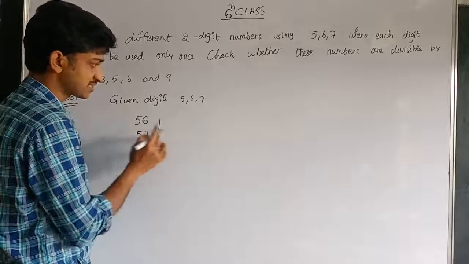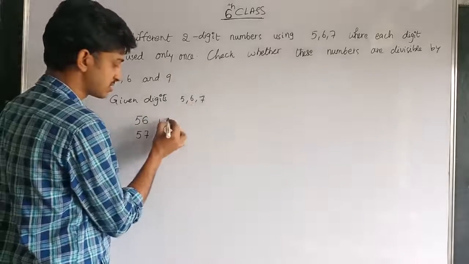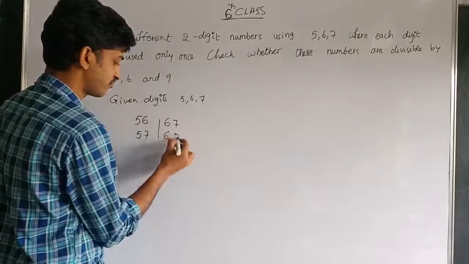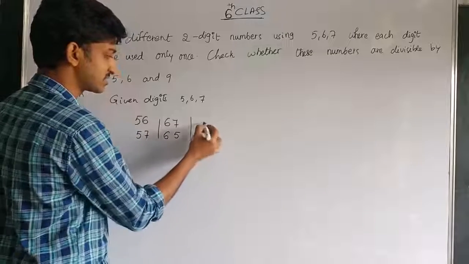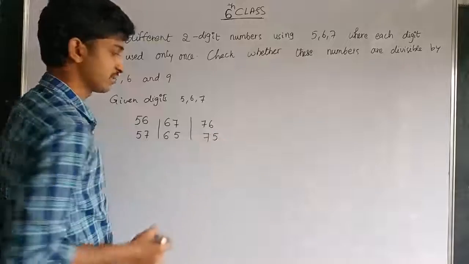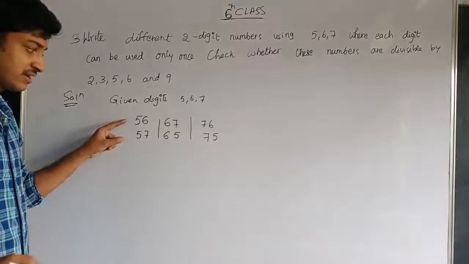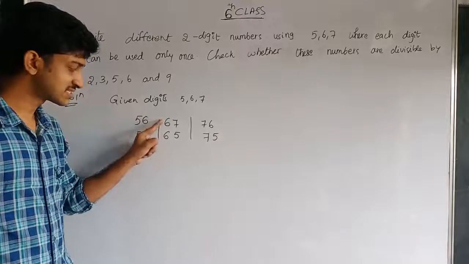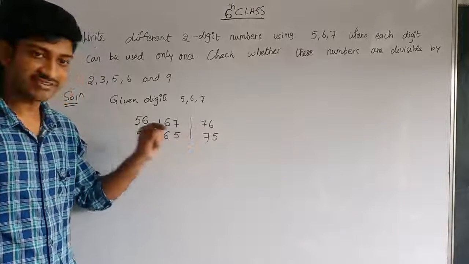Okay, two numbers here, and now I am using 6: 67 and 65, and again I am using 7: 76, 75. Okay, I wrote 6 numbers: 56, 57, 67, 65, 76, 75.